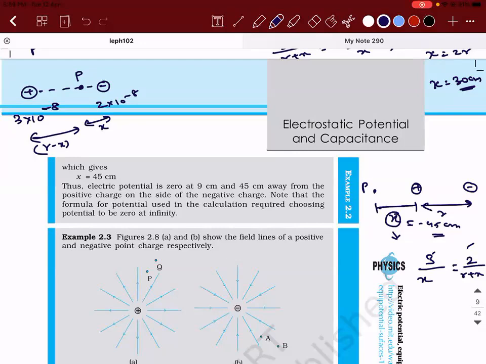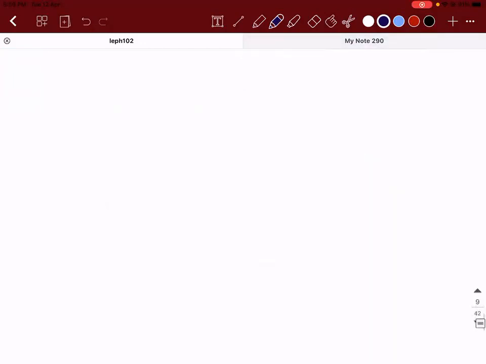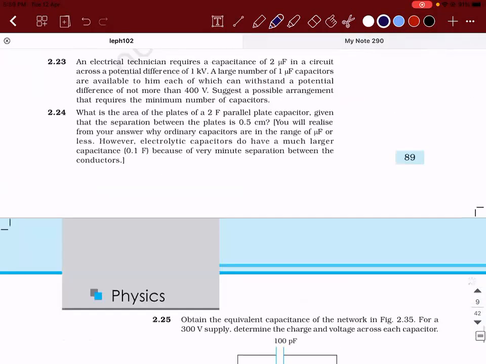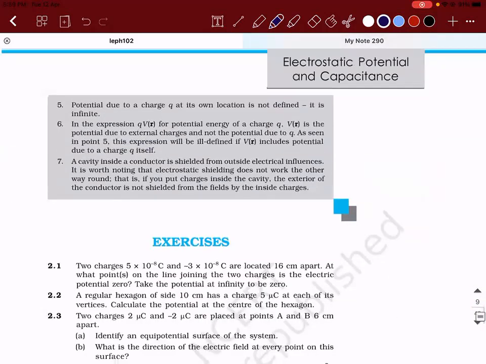There is an exercise problem based on it. You can actually do it as a homework before tomorrow's class. I'll show you what it is. The very first problem. 2.1. Take two charges, 5 into 10 power minus 8 coulomb and minus 3 into 10 power minus 8 coulomb, located 16 centimeter apart.